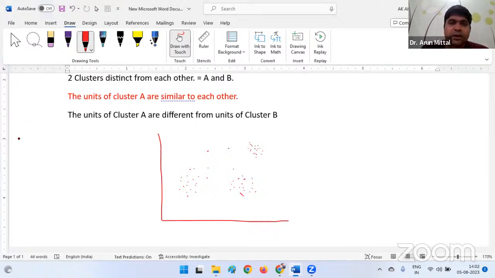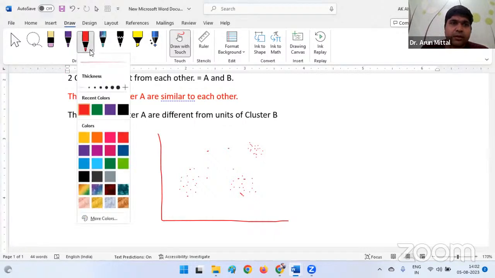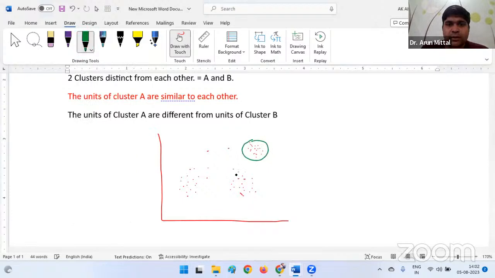There may be one more or less. So now we can identify three clusters here: cluster number 1, cluster number 2, and cluster number 3. The units in different clusters are different from each other.